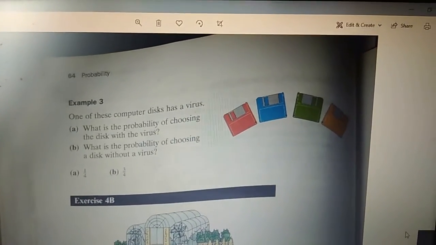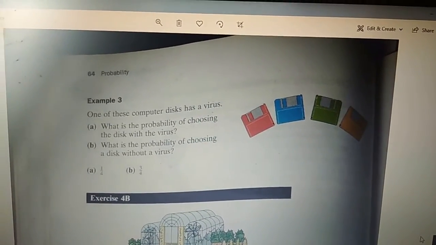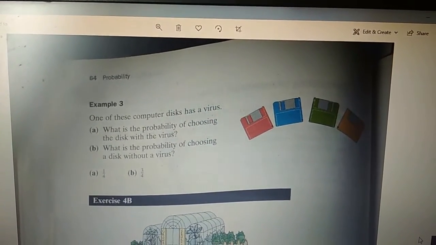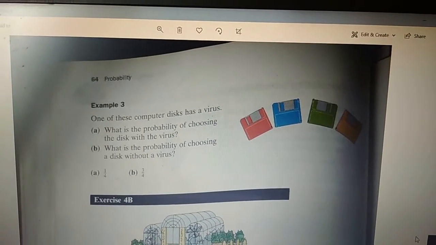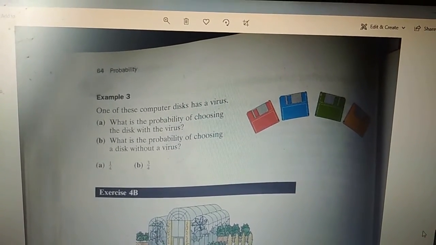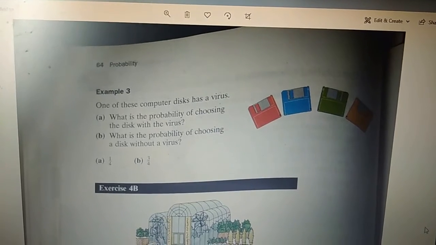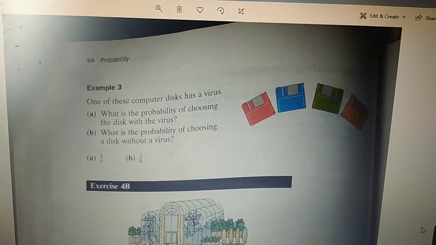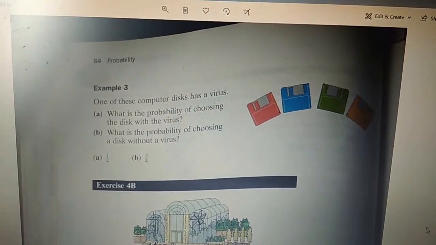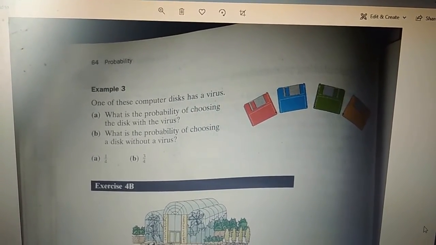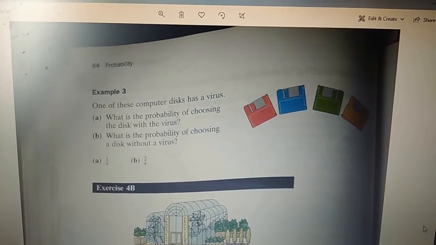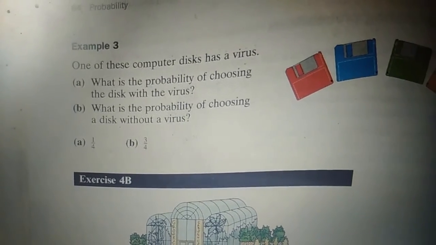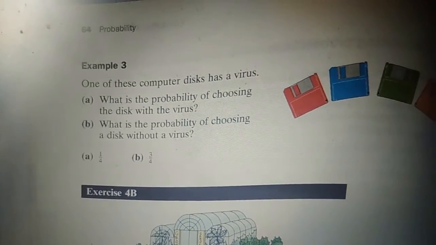We don't know which one has the virus, but out of these four, the rest three do not contain any virus. So the answer to B is 3 by 4.